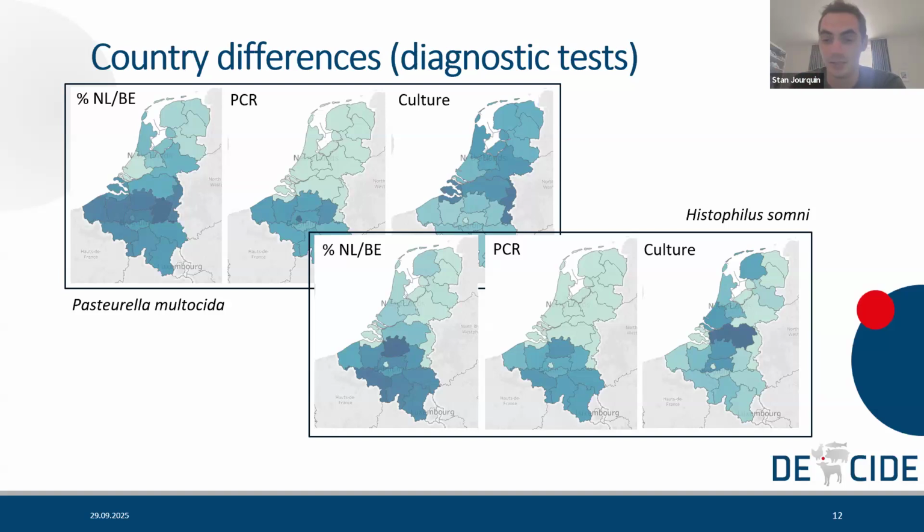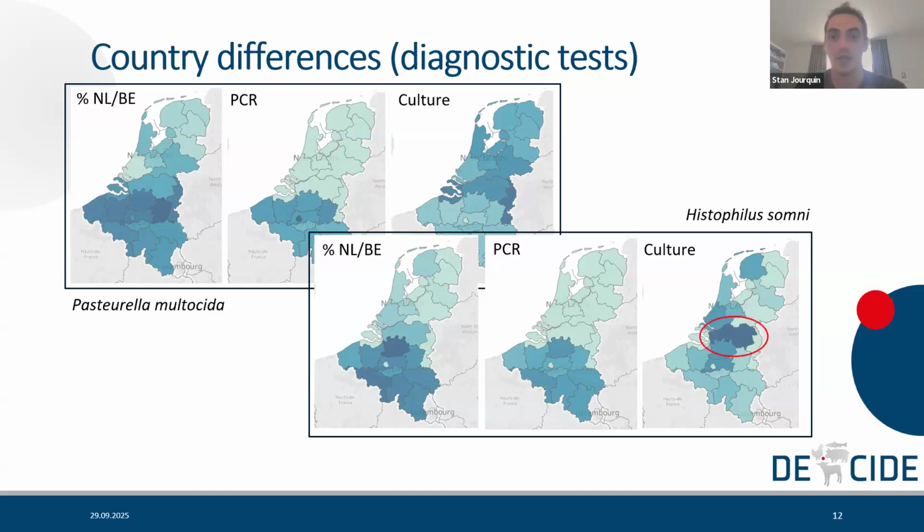If you look at PCR, Belgium is more prevalent, but if you only look at culture, we actually saw a higher prevalence of both pathogens in the Netherlands. I wanted to address this because if you want to look at these diseases on a European level or larger, we have to make sure that we're comparing apples to apples and pears to pears, so we're not misjudging the information, which is also a very helpful insight that the barometer delivered.